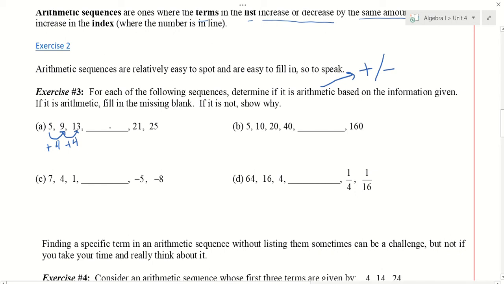So how would I find that missing blank? 13 plus 4 is 17. So this one is arithmetic. Okay, go ahead. Try B, C, and D. Pause the video and then come back when you're done.